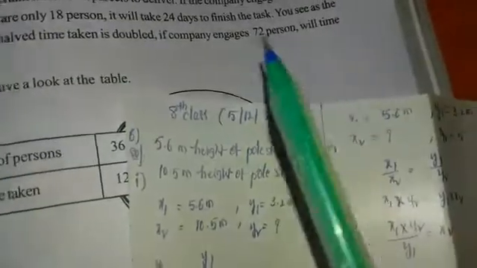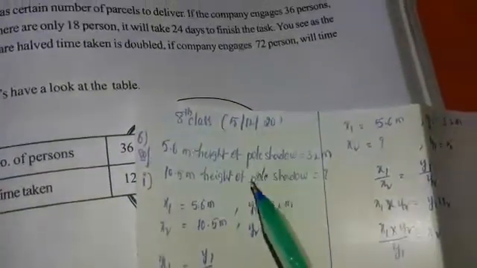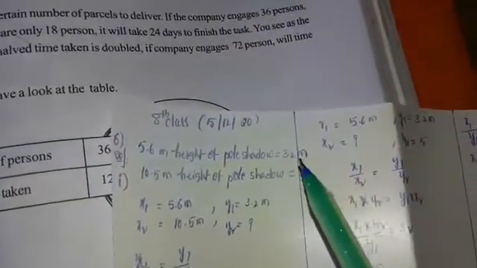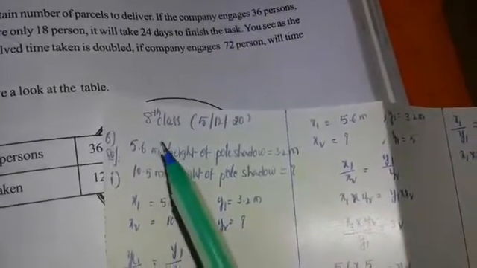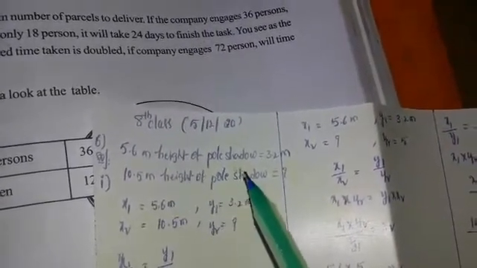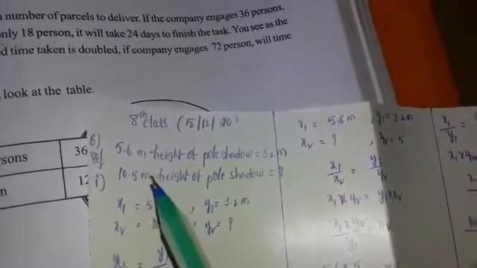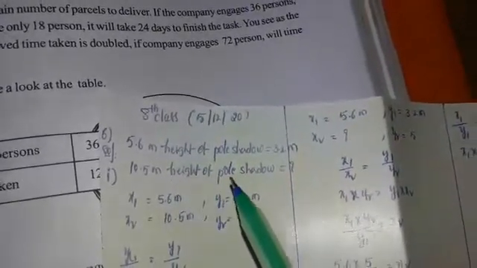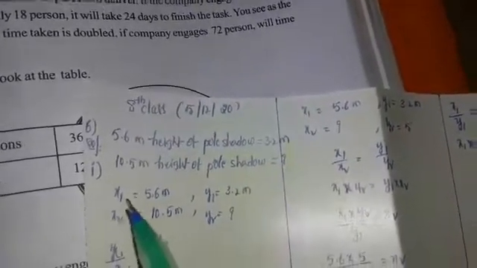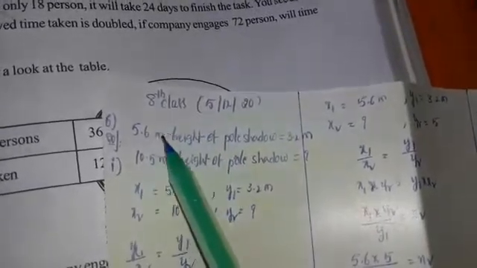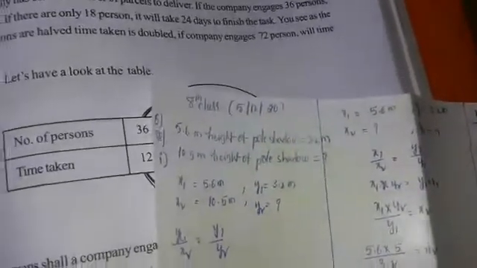See this one: a 5.6 meter pole has a shadow equal to 3.2. A 10.5 meter pole has a shadow equal to question mark. Is it a direct or indirect proportion?